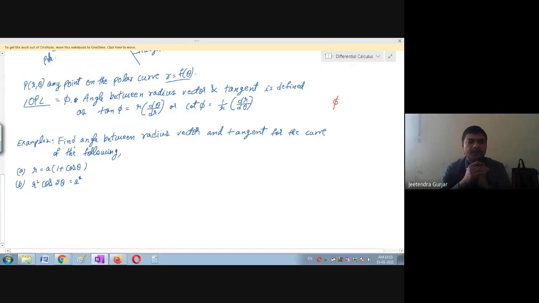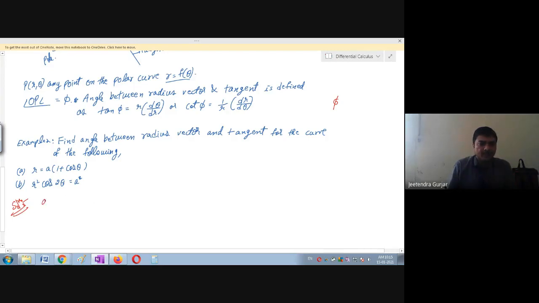Okay, first example, just see. Find the angle between radius vector and tangent for the following curve. Very important example, students. Practice this two to three times so that you become perfect in it. I think you know that practice makes a man perfect. So practice these examples again and again.